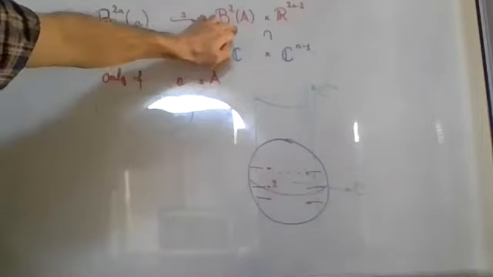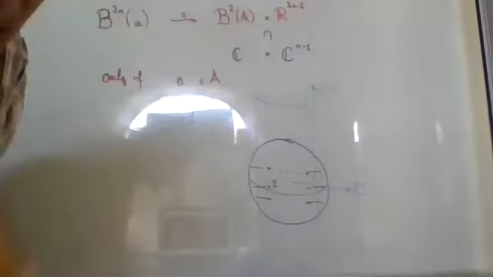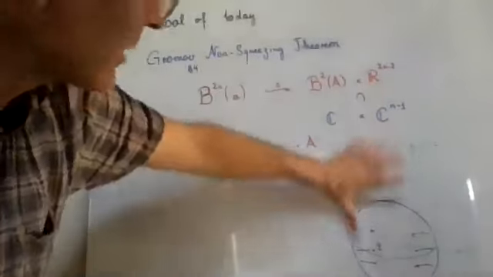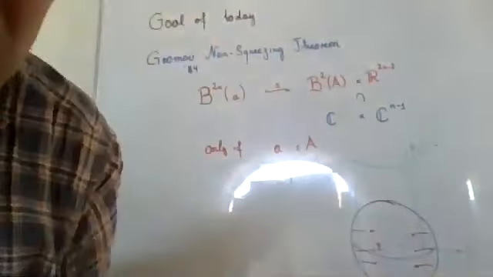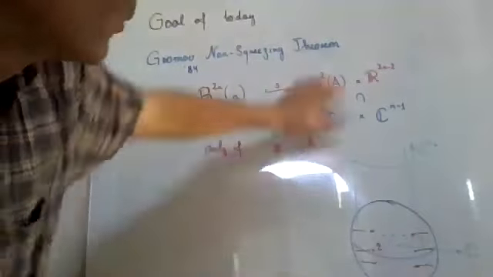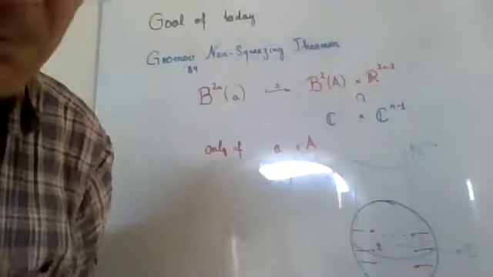I take this cross, for instance, if n is 2, a complex plane, with the usual symplectic structure. So the volume is infinite, and I try to embed a ball as big as possible in a symplectic way into this cylinder. Okay?